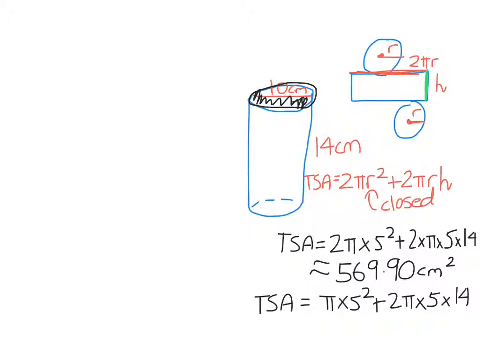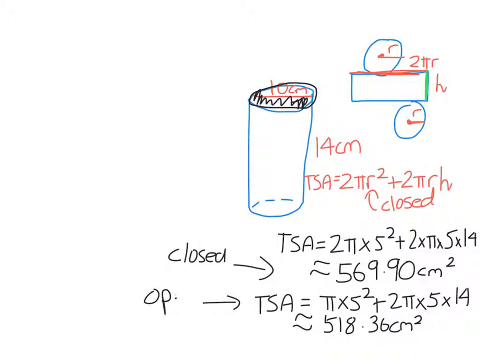And this, of course, would change my answer. And now the answer would be, to 2 decimal places, 518.36. Obviously a little less. So this is the answer if it were closed. It had a circle at the top and the bottom. And this is if it were open, if the top circle wasn't there. Unfortunately, you have to make those adjustments with surface area.